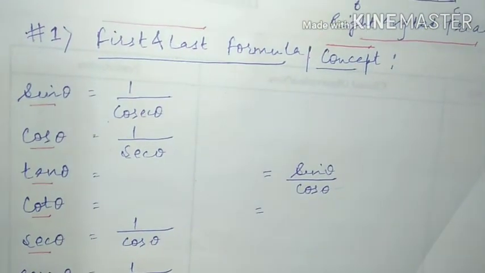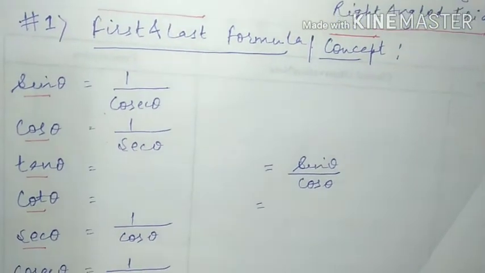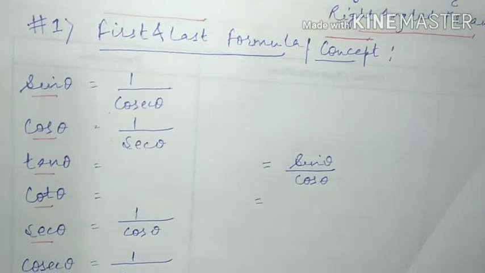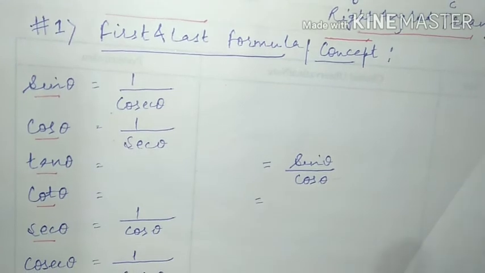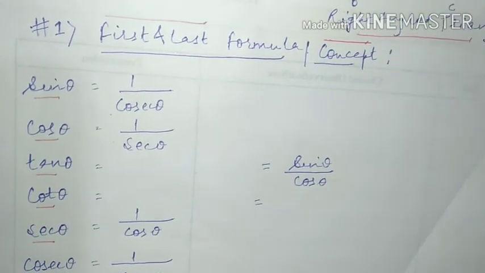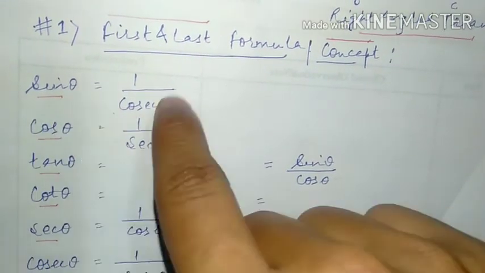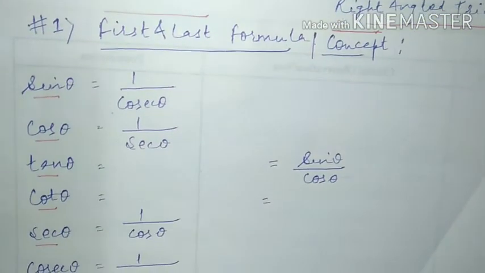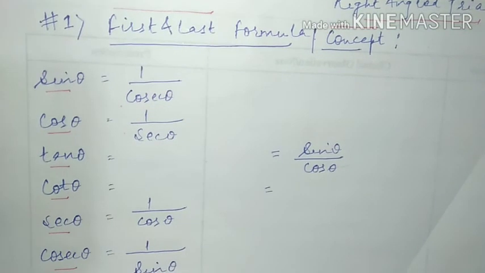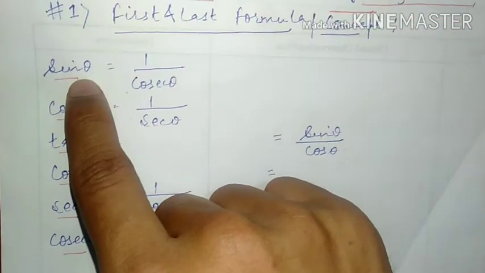So there are 6 trigonometric functions. The first function is sine theta, you can see on the screen, and the last function is cosec theta. So what could be the formula of sine theta? That is sine theta is equal to 1 upon cosec theta. So I have used the last function to make the formula of the first function, right?